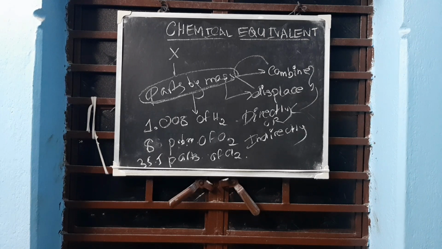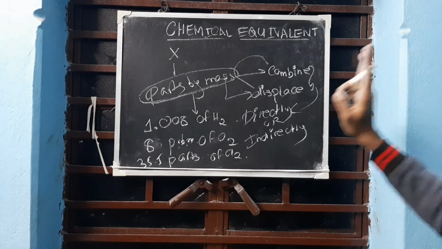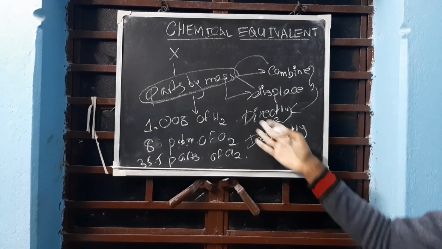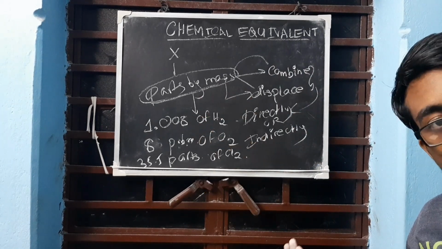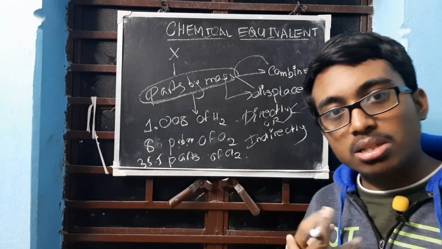Did you understand the definition of equivalent weight? So equivalent weight is defined as the number of parts by mass of this given substance X which combines or displaces directly or indirectly these three things. Either of these three things, not all three. Clear? Understood?